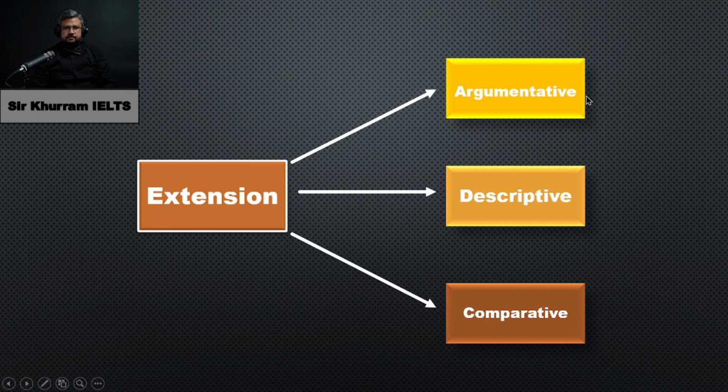So either we have to go in an argumentative way, or a descriptive way, or a comparative way. When do we argue? When do we describe? Or when do we compare? We will discuss in detail. Then how do we elaborate our extension? How do we elaborate, expand, prolong, and extend our talk? So we will discuss in detail about the extension, which is the most important part of our response.